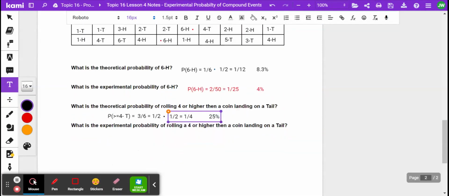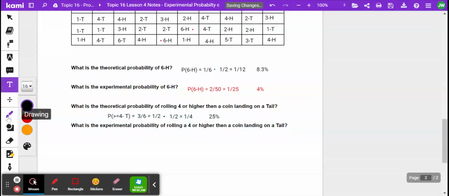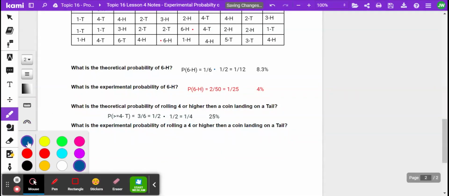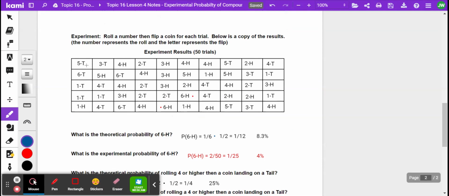Now we need to go back and check in our experiment which ones fall in that area. I'm going to change my color to blue. So we got 1 there, 1 there. I'm looking for 4T, 5T, or 6T.